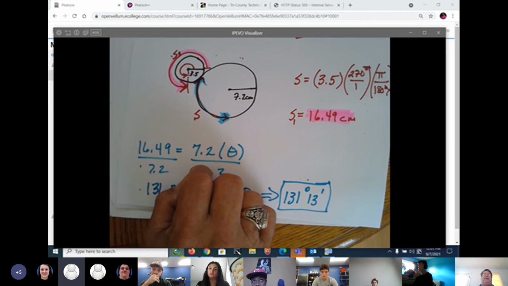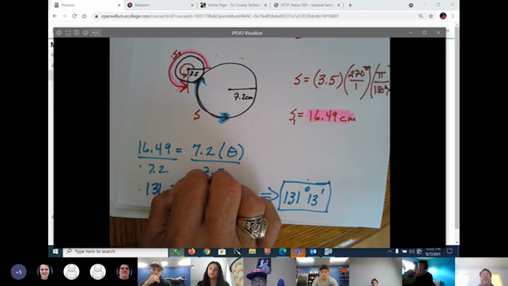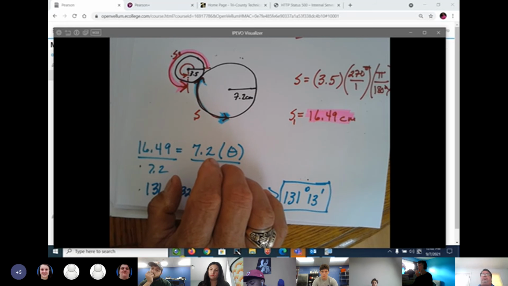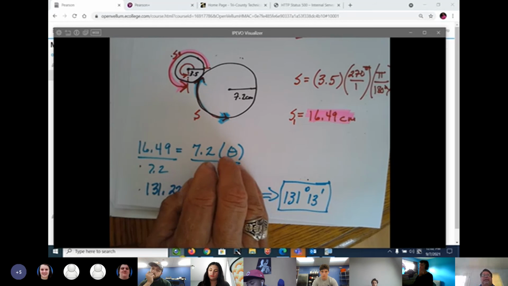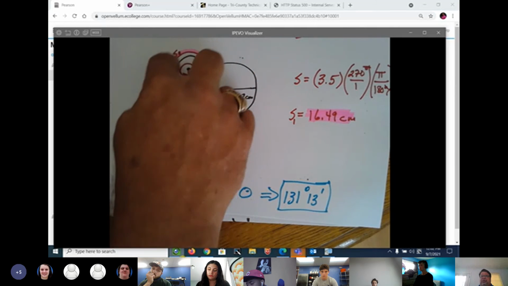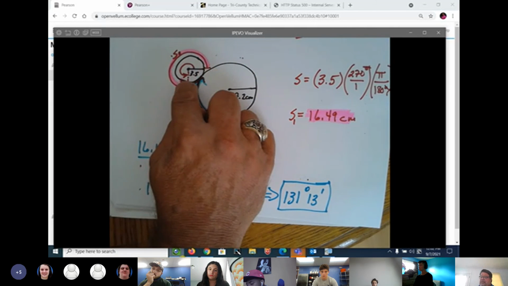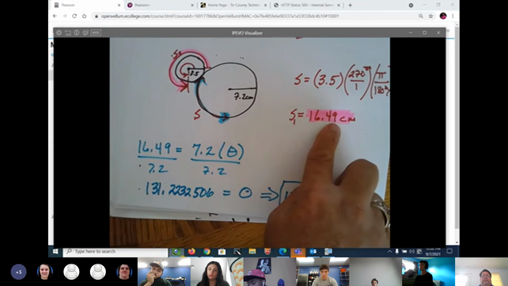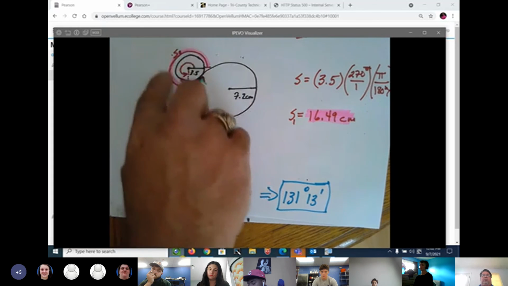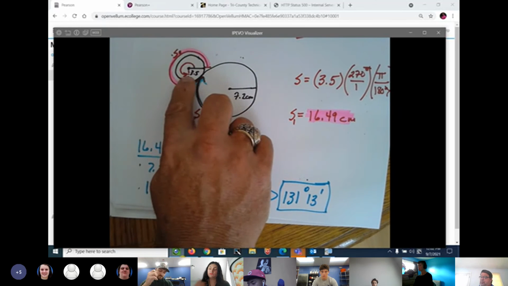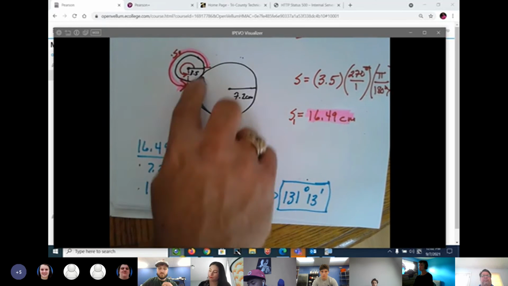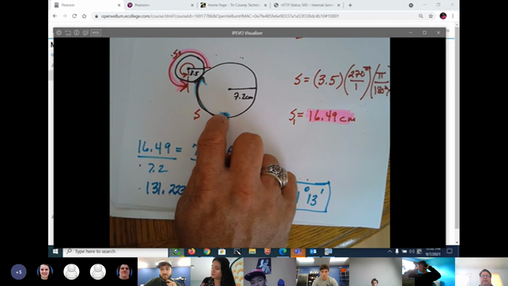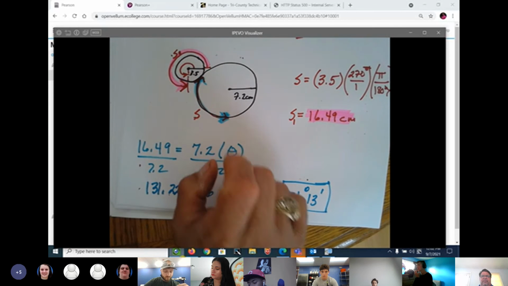It should be less. So that's how you check to see if your math is right. Right, Mr. Nicholson? You're in the mechanical world. If this one turns 270, this one is bigger. So this 16.49 may take up this whole gear. But since this one is like 3 times bigger, it's not going to turn it 270. It's going to turn it less than 270.